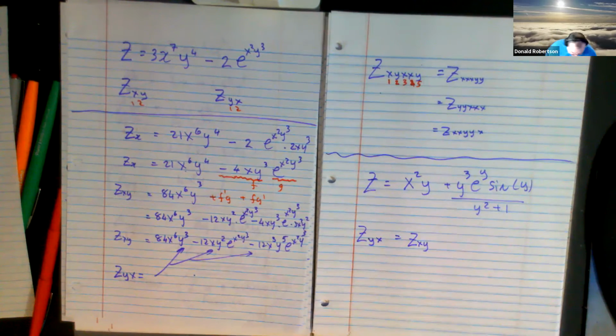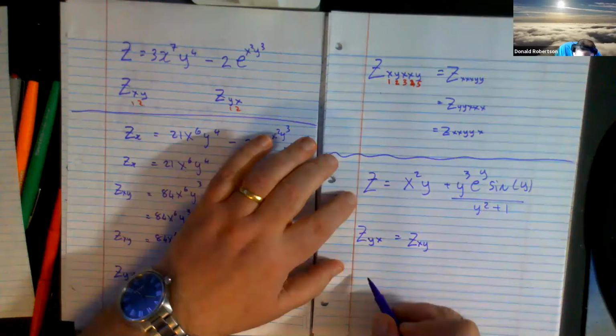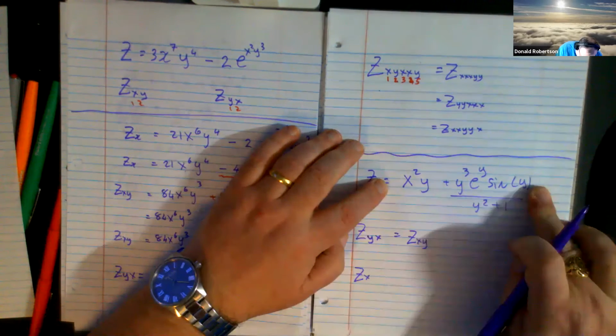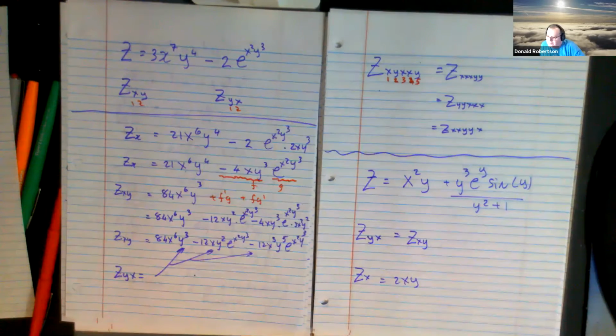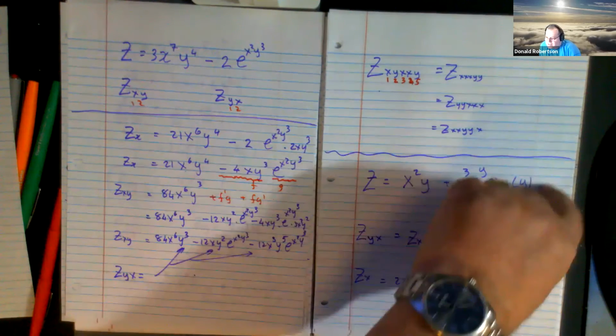Now, why is that one going to be easier? Well, let's find out. If you do a partial derivative of all of this with respect to x, don't you just get 2xy? Because doesn't that become 0 with respect to x?